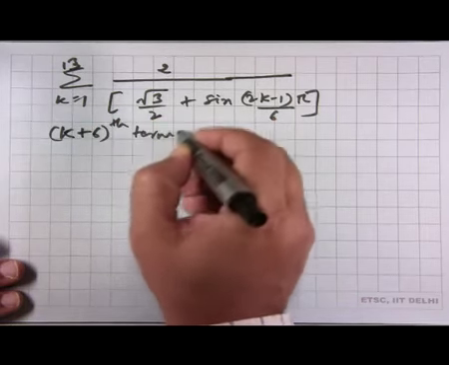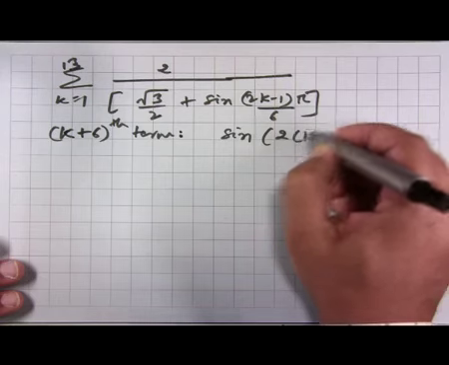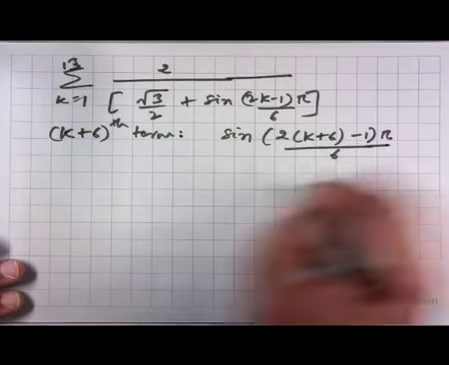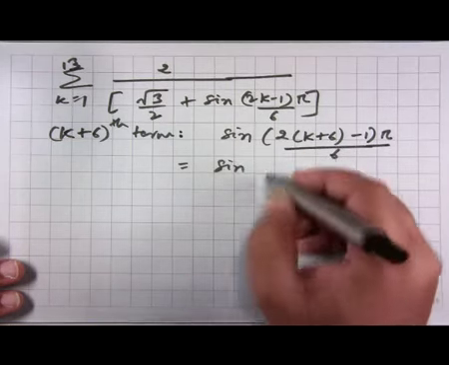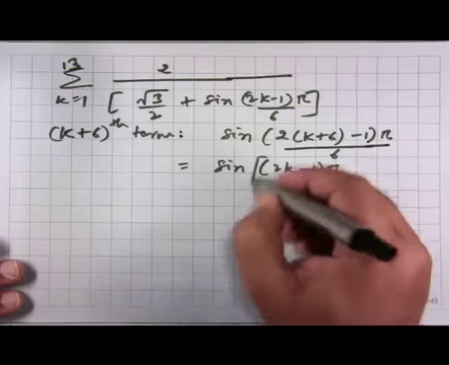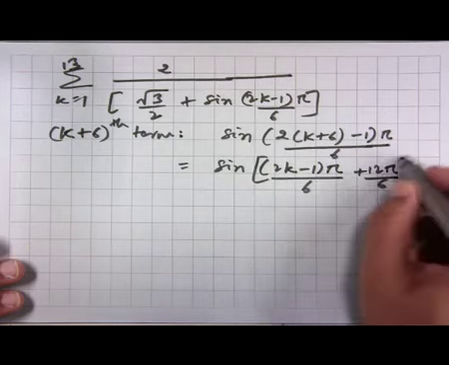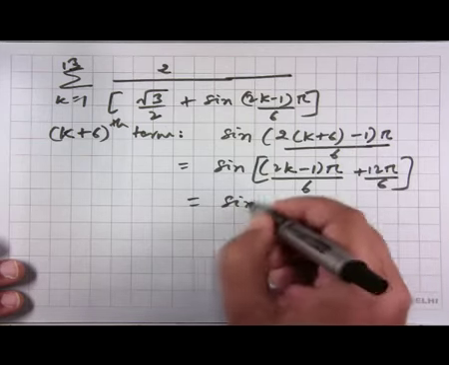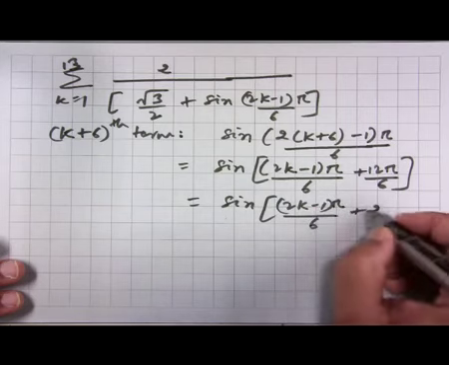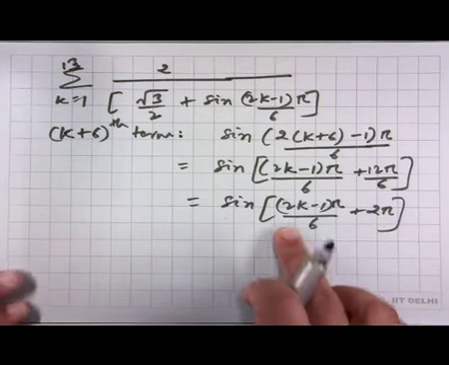The (k + 6)th term in the summation is going to be sin(2(k + 6 − 1)π/6), which is equal to sin((2k − 1)π/6 + 12π/6), which is equal to sin((2k − 1)π/6 + 2π). But sin of 2π plus some angle is equal to the sine of the angle itself.